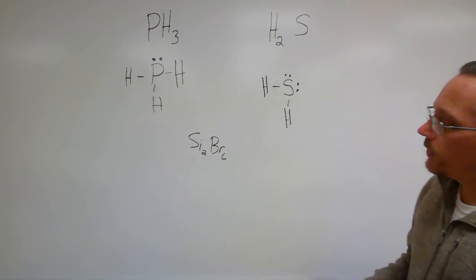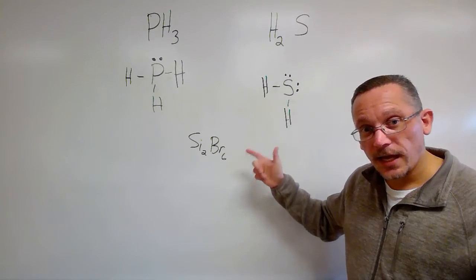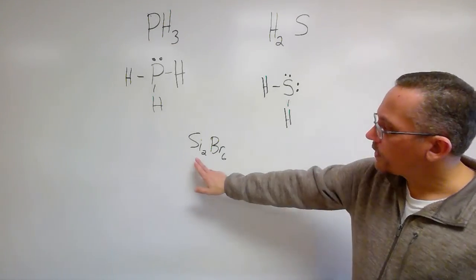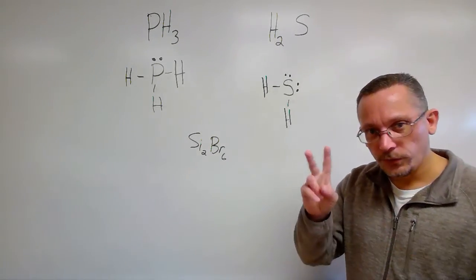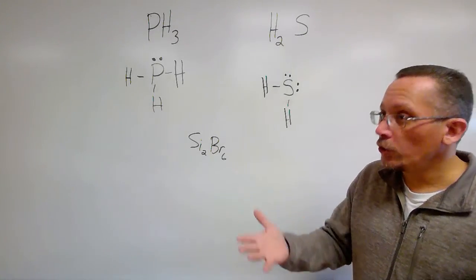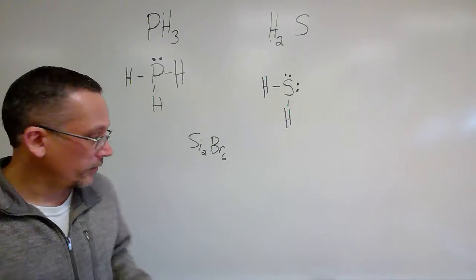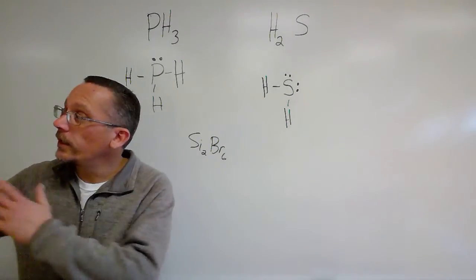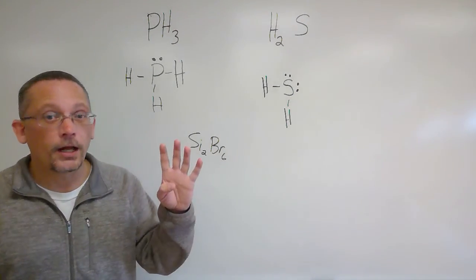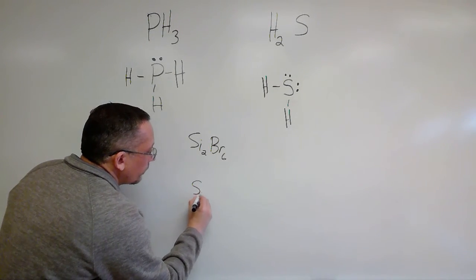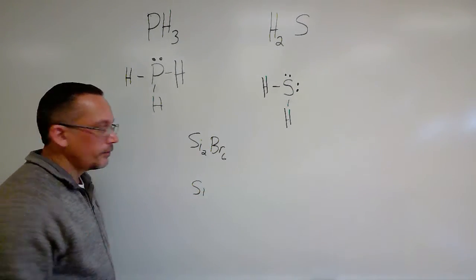Okay, let's do this third one down at the bottom, the disilicon hexabromide. Okay, here, slightly tricky. We're going to start with the silicon, but there's 2 of them. So I'm going to start with 2 silicons. And silicon comes with 4 valence electrons. If you find it on the periodic table there, it's in the column that has 4. So I'm going to start with my first silicon.